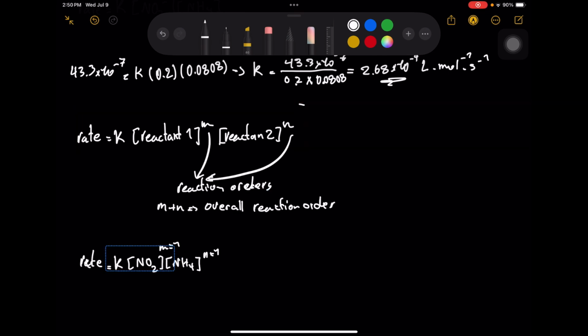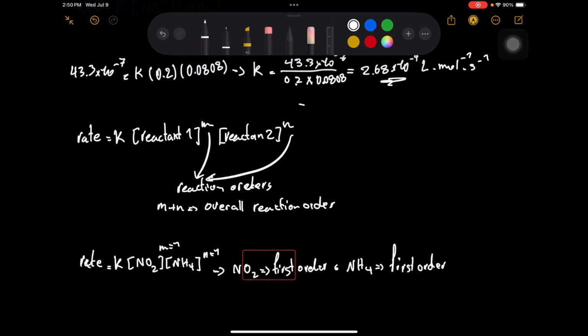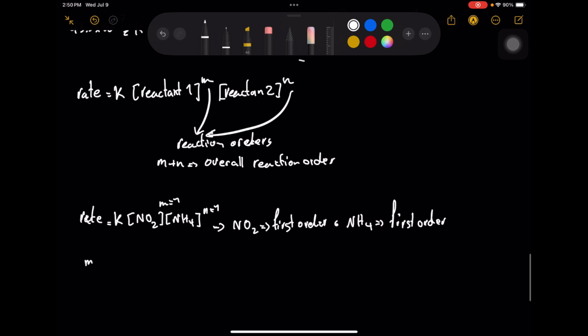What we can say about this equation is that the reaction is first order in NO2-, because its m is 1, and NH4+ is also first order. But what is the overall order of the reaction? It's the total of m plus n, so 1 plus 1 is equal to 2. The overall order is second order.